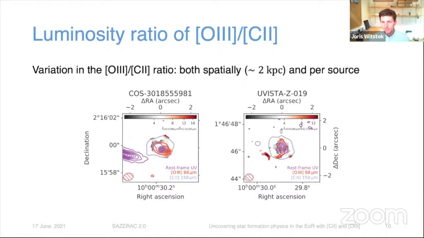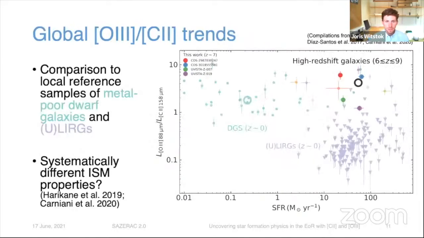But at the same time, we also see for other sources, for example this one, a generally quite low ratio of somewhere between 3 and 4. So we can start to compare our measurements with some reference samples. Here I'm showing you the line ratio as a function of star formation rate.